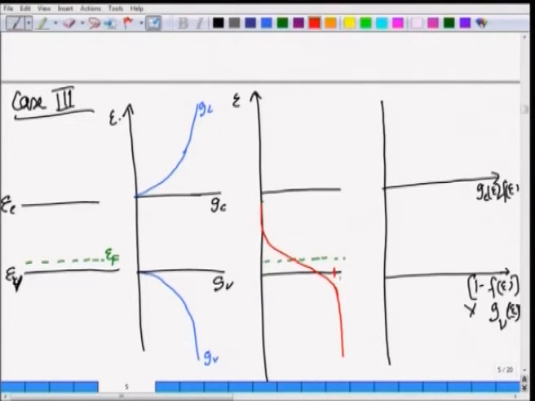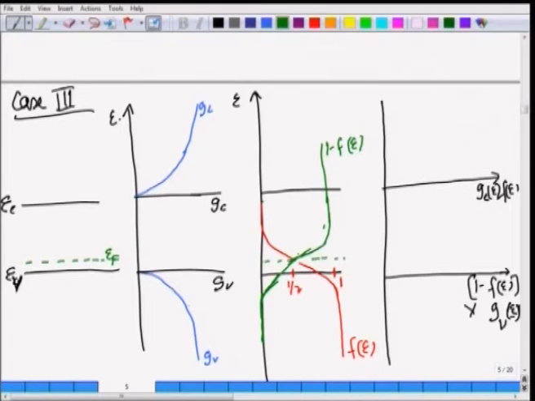If this is 1, and this value is half, this is f of E, and if I plot 1 minus f of E, it will be the mirror image of this, of course. So, that will look something like this, like a mirror image. This will be 1 minus f of E. Now what happens?